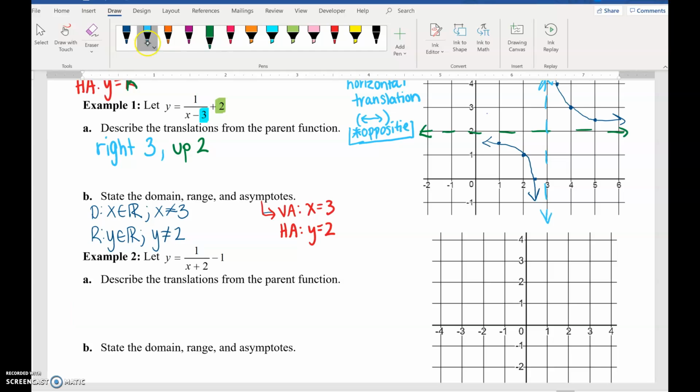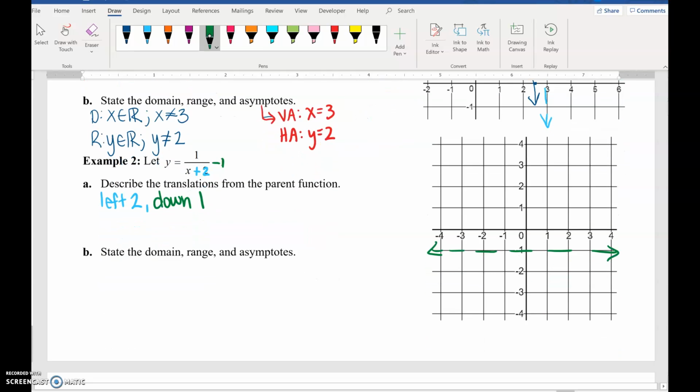Okay, so we have that it goes +2, which means it goes left 2. And then we have a -1, so that's down 1. So again, we have down 1, which would be our horizontal asymptote.